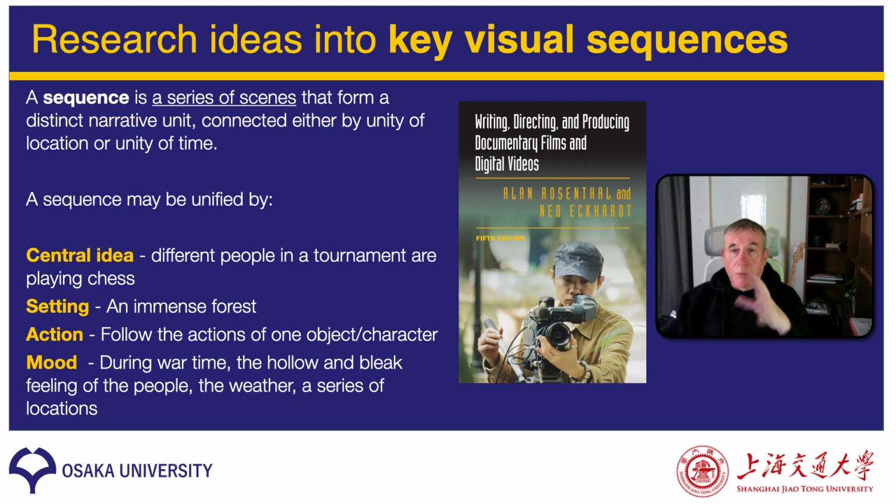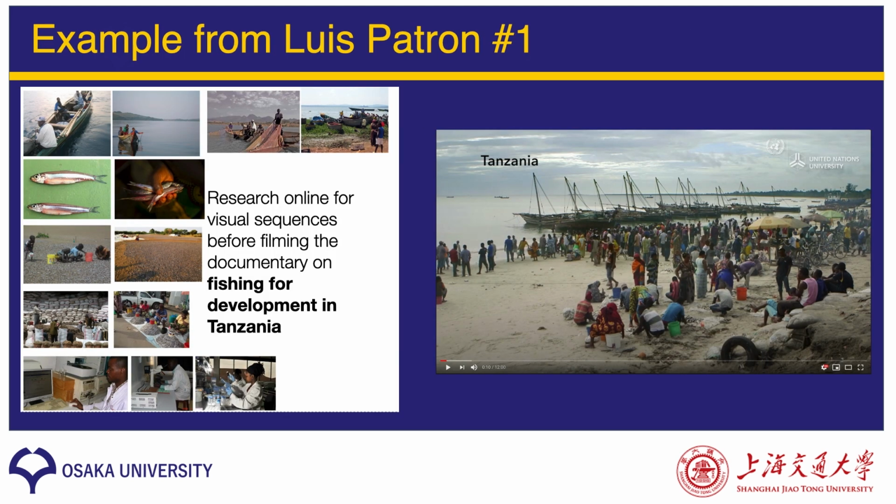And I want to share a couple of examples of how you might do this. So the first example actually comes from the work of Luis Patron, who you remember from the video camera workshop in October. And in this particular example, he was going to film in Tanzania about the contamination of the fishes from the local lake after they're captured.